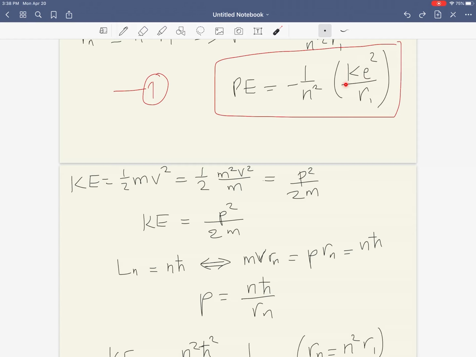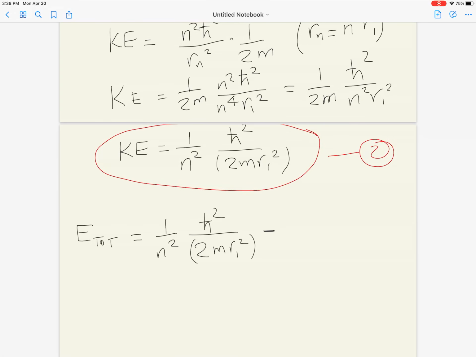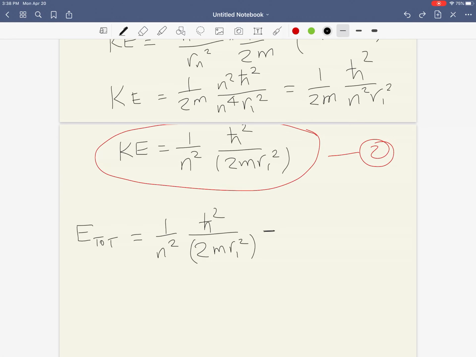So our expression for the potential energy is minus 1 over n squared k e squared over R1. So we have minus 1 over n squared k e squared over R1.